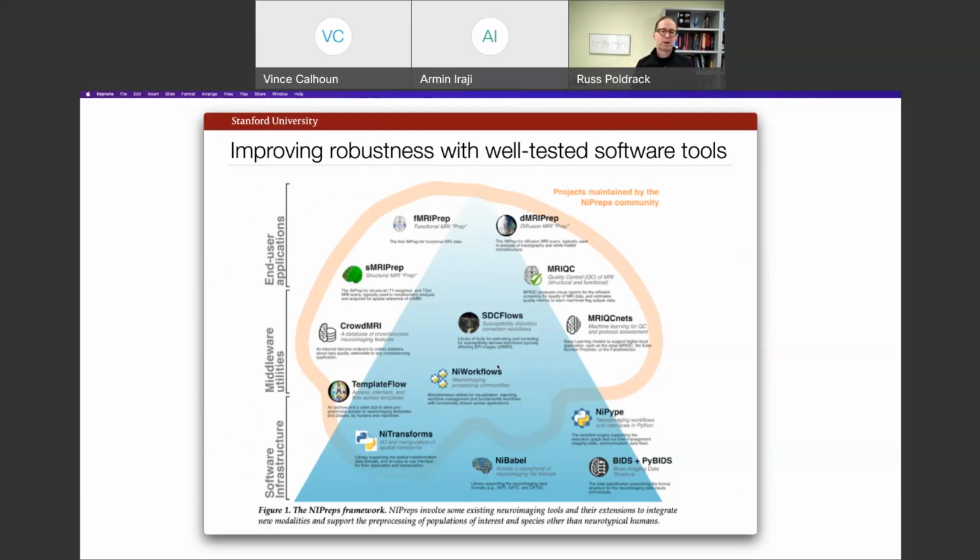And so we've been working with a bunch of other teams to develop a framework that we call NiPreps, which is an outgrowth from the fMRIPrep tool that we published a few years ago, which basically includes a bunch of software infrastructure and middleware that supports the ability to build really robust and well-tested software tools.